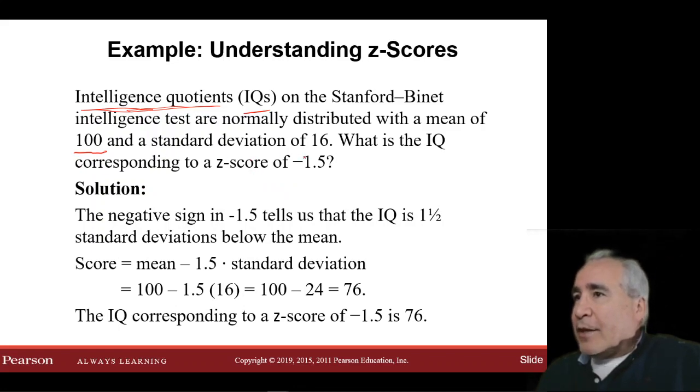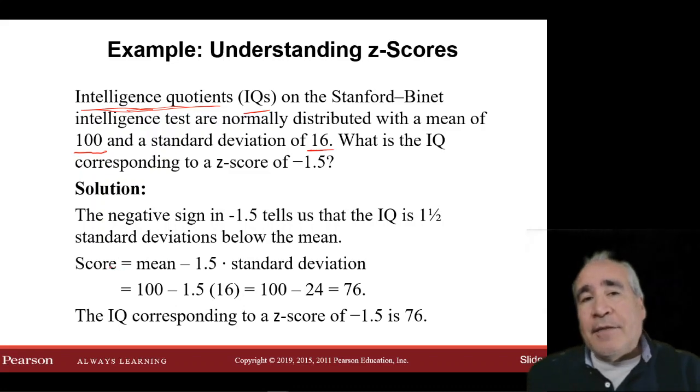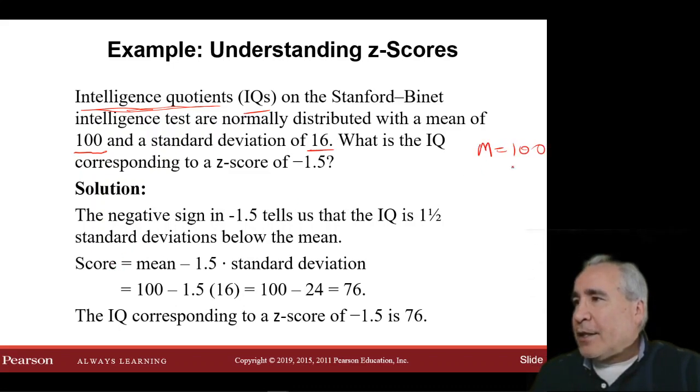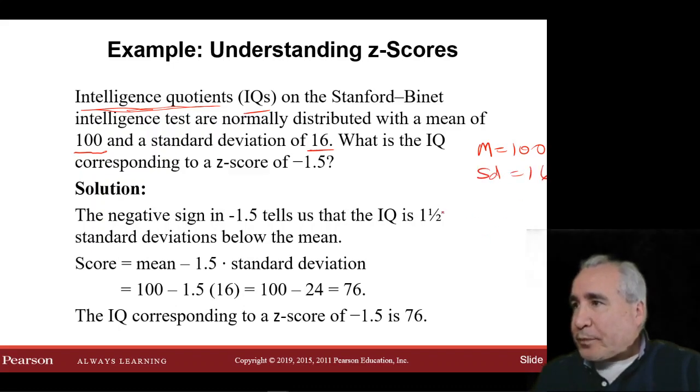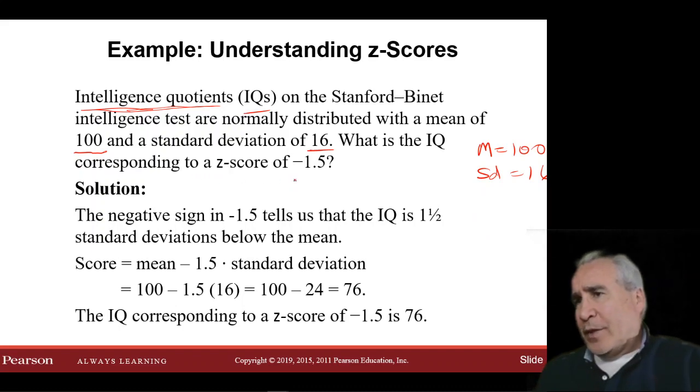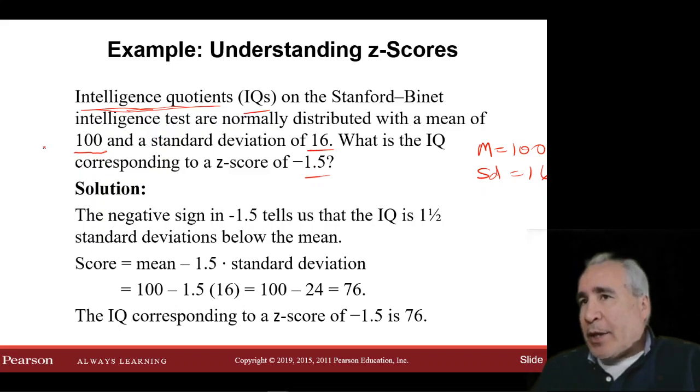But standard test scores have a standard deviation of 16. So again, we just write that down. We've got a mean of 100, standard deviation of 16. And so then what would the data value be if we had a z-score of negative 1.5? Well, we know it's going to be below 100, right, because it's negative.